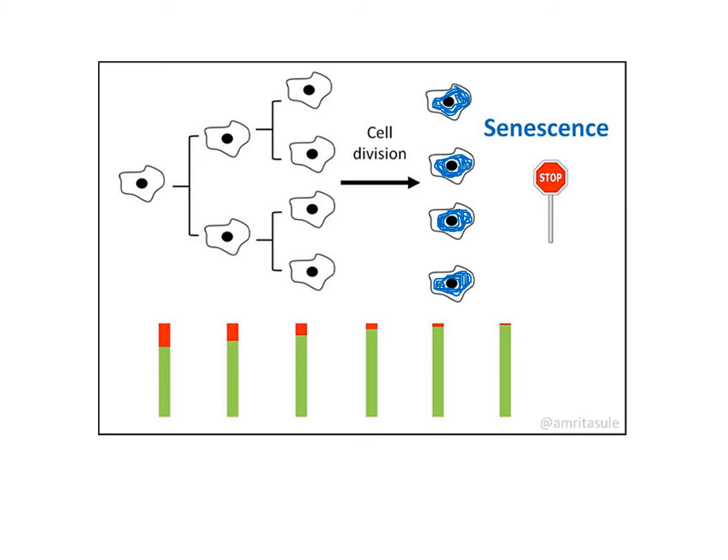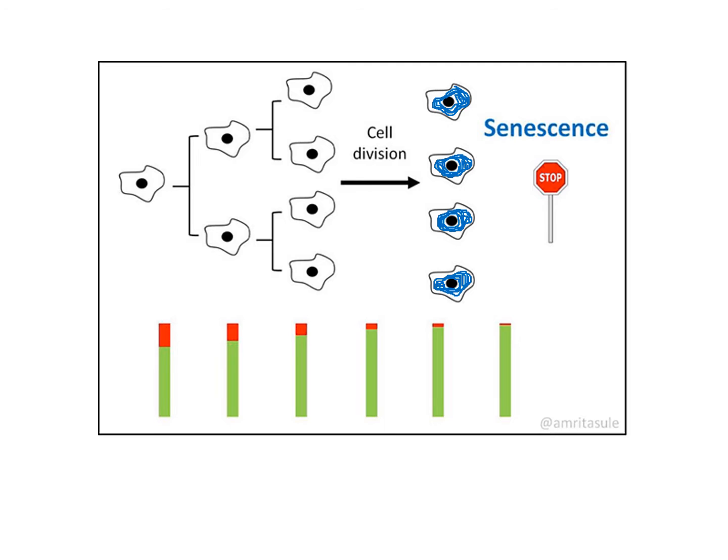Since the number of shortenings is limited, when they reach the critical telomere length, these telomeres are recognized as DNA damage and they cause cell cycle arrest, and the cells are permanently in this stage we call senescence, unable to make any more divisions.